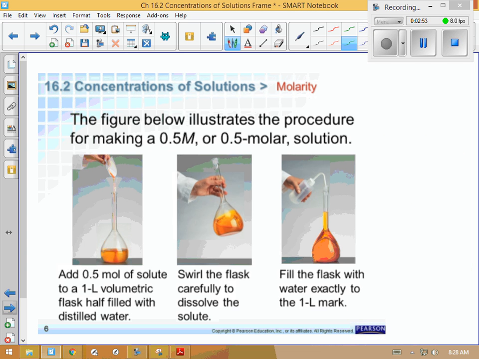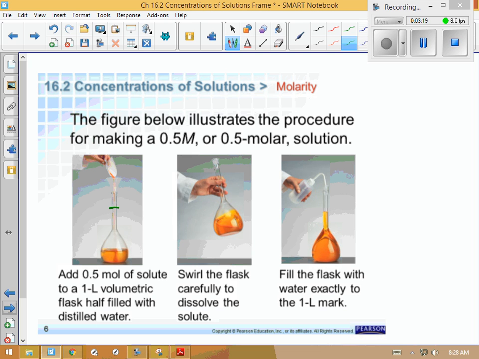And here we go. This is the laboratory technique that you use to make a solution. We use what is called a volumetric flask. Do you see that? A volumetric flask is kind of interesting. It has a big section down here to fill, and when you get very close to 1 liter, there's a mark up here on the neck of the flask.